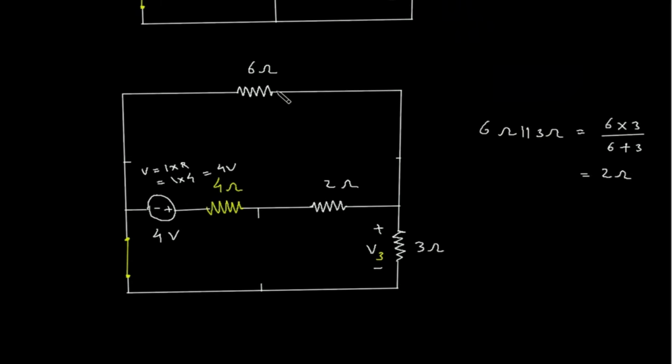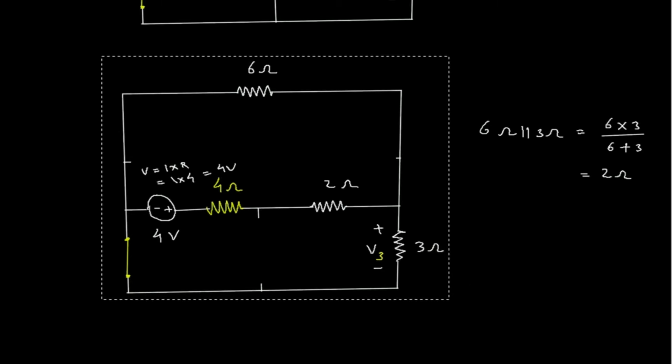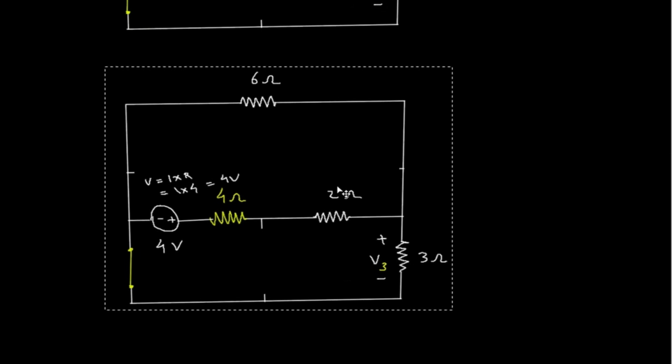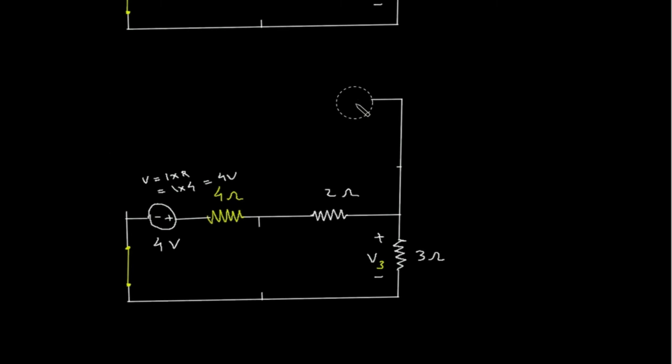So this will be 2 ohm. Voltage across both the resistances will be the same. This will be 2 ohm.